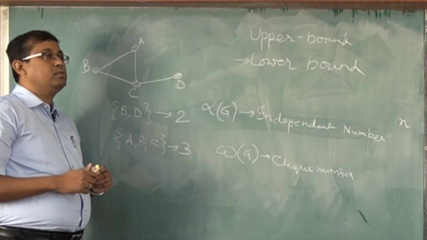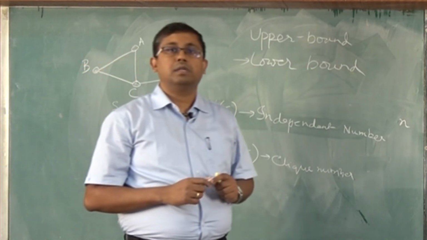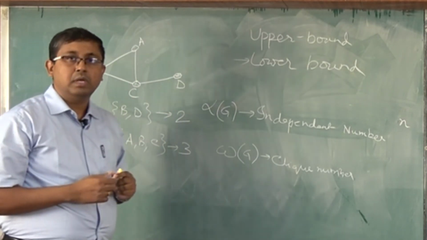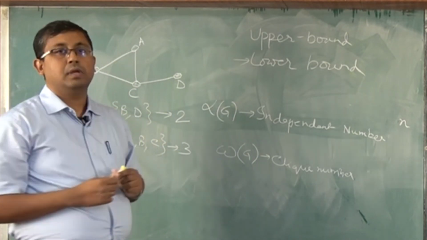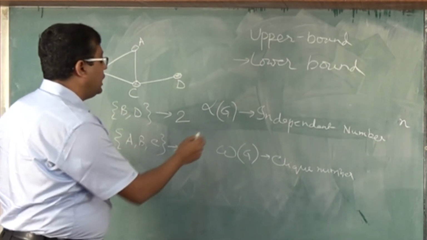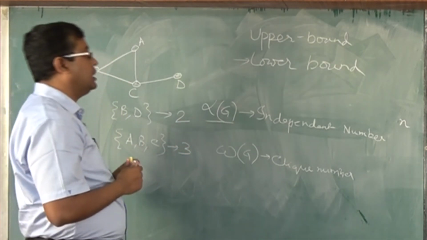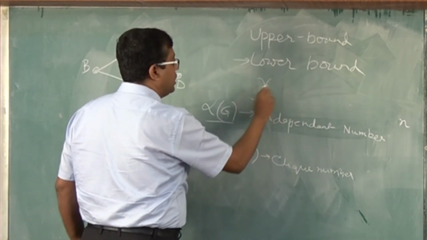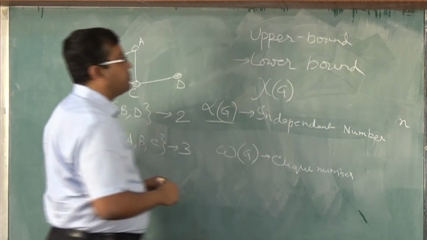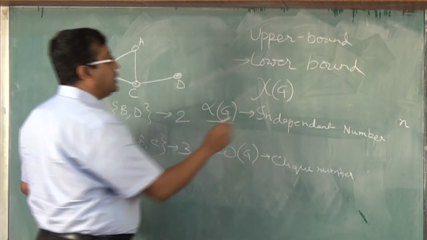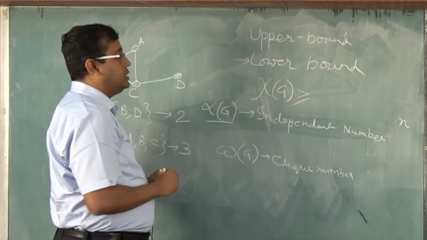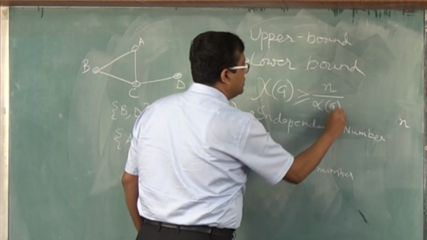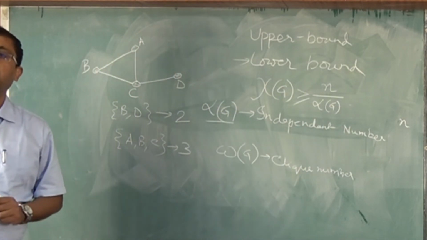So how does it relate to the theorems of chromatic number? The theorem says that when we have alpha G, the value of alpha G in a graph, the chromatic number chi of G is greater than or equal to the number of vertices divided by alpha of G. So the number of vertices by the independent number.